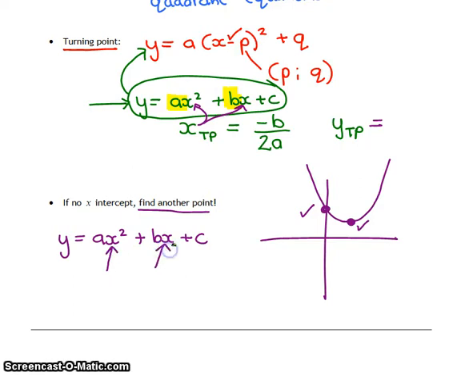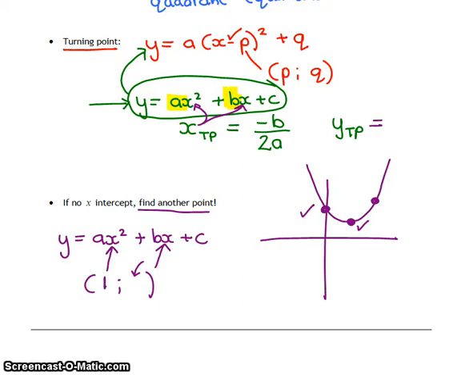In this case, I don't really mind what point we find. So I could pick any point. I could substitute 1 into my formula, and I could work out a y value, and then I could plot that point. I could substitute in 2, 3, -1, -2. Any point that I could plot and that could help me with my shape of my parabola.